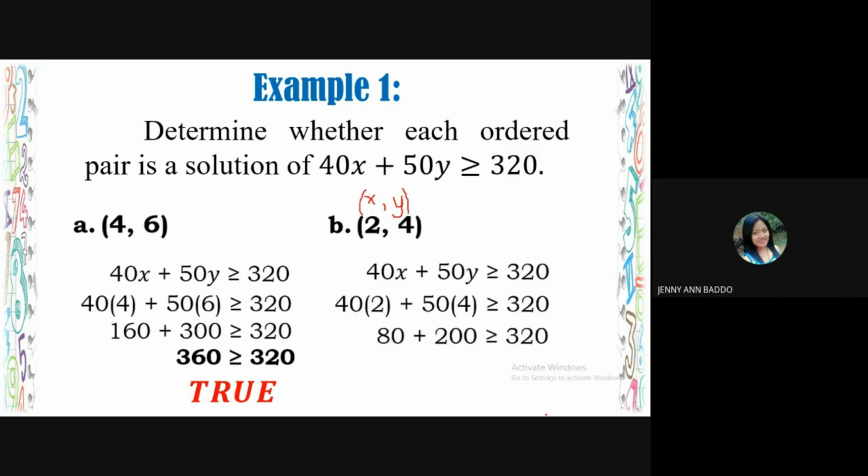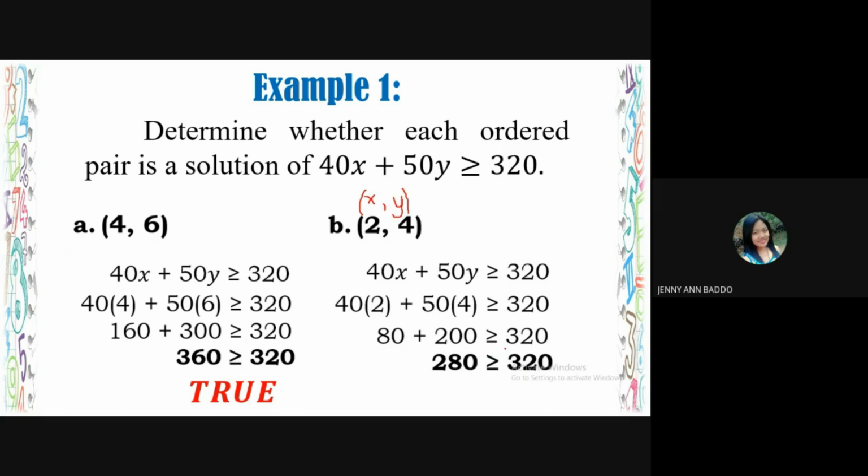And then, multiply 40 times 2, that's 80. 50 times 4, that's 200. Then add 80 plus 200, that is 280. Then we bring down 320. So we now have 280 is greater than or equal to 320. So obviously, in this statement, 280 is less than 320.